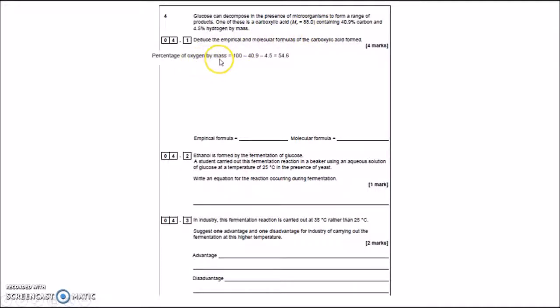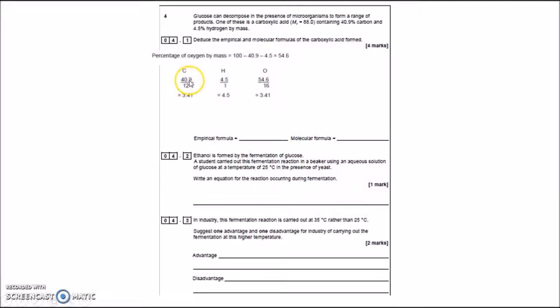So the percentage of oxygen is 100% take away 40.9, take away 4.5, so 54.6% is oxygen. Your next step to work out how many atoms of each there are as a ratio is to take each of the percentages and divide by the relative atomic masses of each of the atoms.